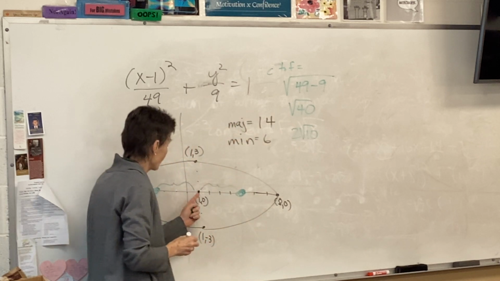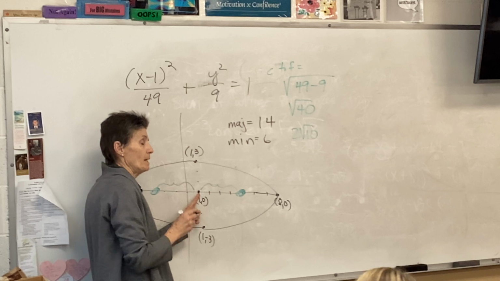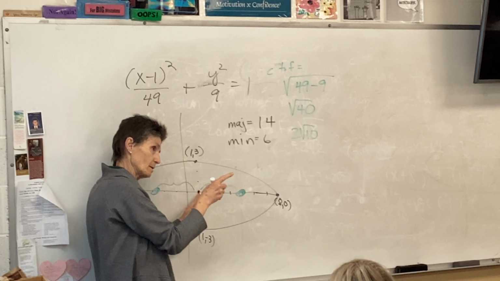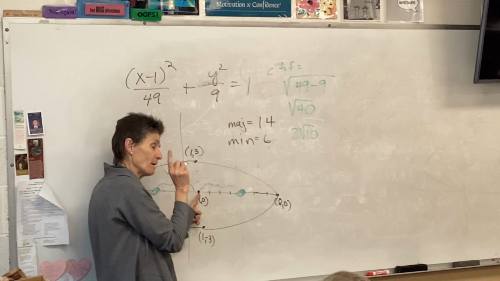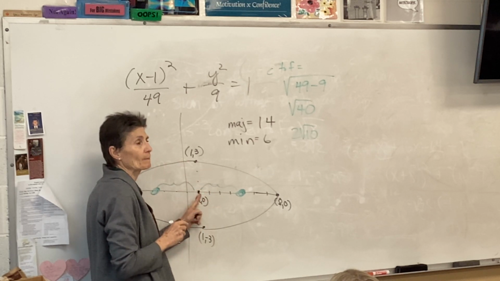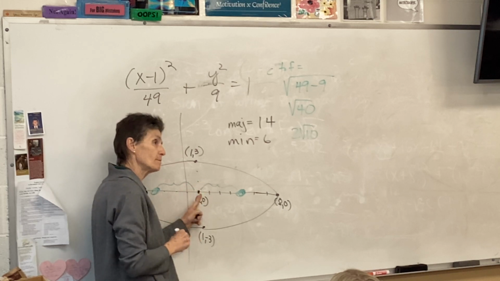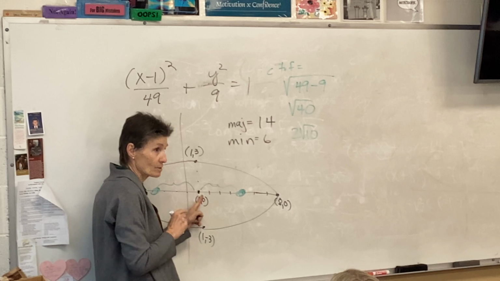So I'm going to start right here, and I'm going to go right, I'm going to add 2 root 10. Now, am I going to add 2 root 10 to the X or to the Y? X. Why, how do I know that? Because I'm going sideways. When I go sideways, that's X, right?